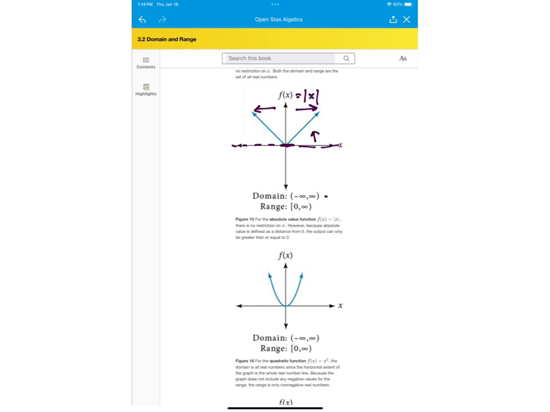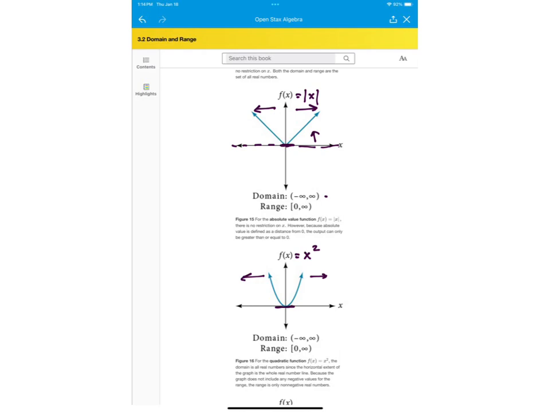This one behaves similarly. This is the quadratic function. F of x equals x squared. It behaves a lot the same way. I'll just draw you a little parabola. It continues to get wider. Increases or decreases without bound. It goes forever and ever left and right. However, it has a bottom.